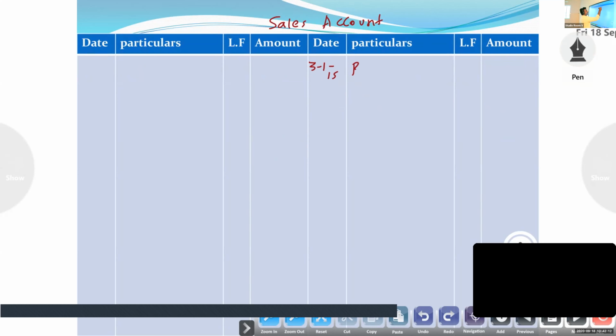Yes, credit side, by Karuna account, 15,000. Next, Anjo. For cash, yes, by cash account, 10,000. Next, Atul, next one.